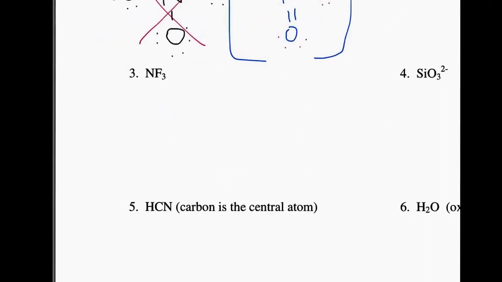Let's skip ahead here. We've got NF3. Okay, so we've got N, which is 5, plus 3 F's, which is 3 times 7, so this is a total of 26 valence electrons. And again, that information I'm going to kind of forget about. If you start getting hooked on this and start thinking about that when you draw, you can get all screwed up.